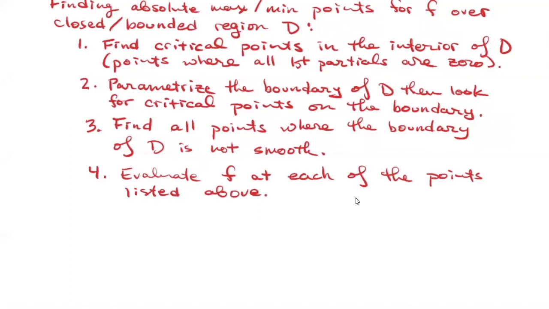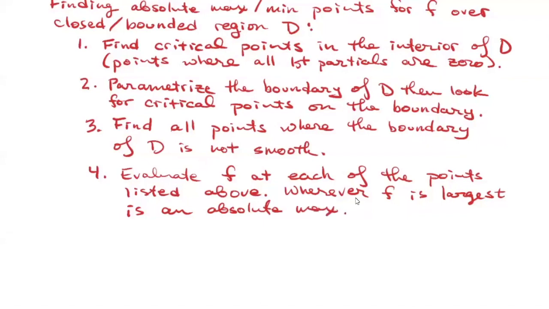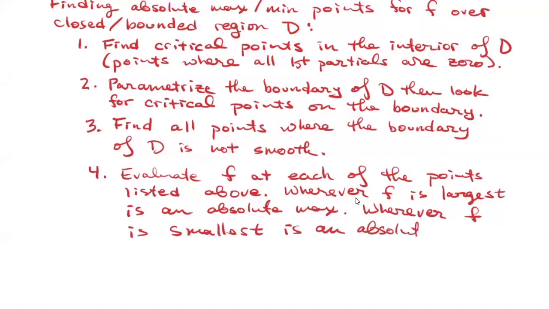Wherever F is largest is an absolute max. Wherever F is smallest is an absolute min. And you're done. That's a lot of work.